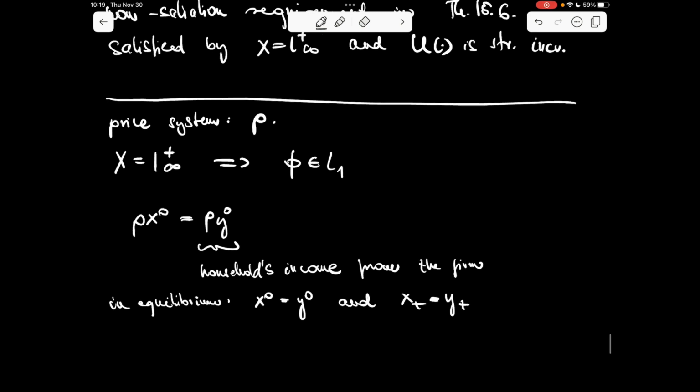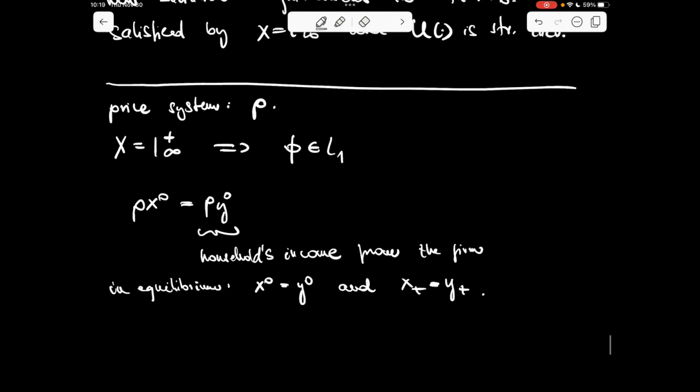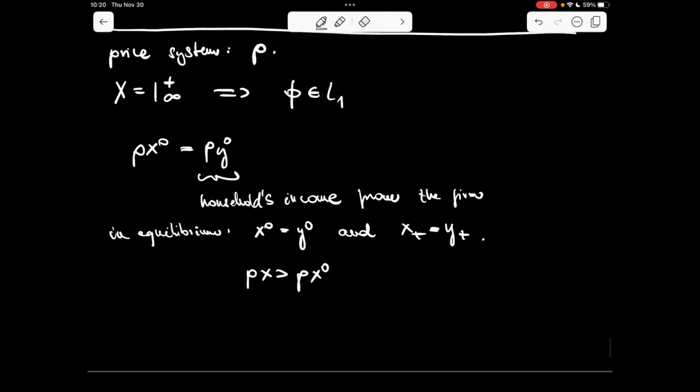So given these facts, the household cannot finance any consumption path which is above the budget constraint, the budget line.